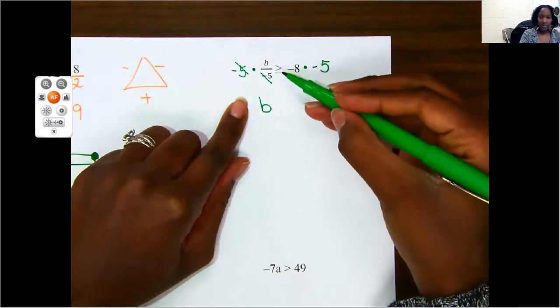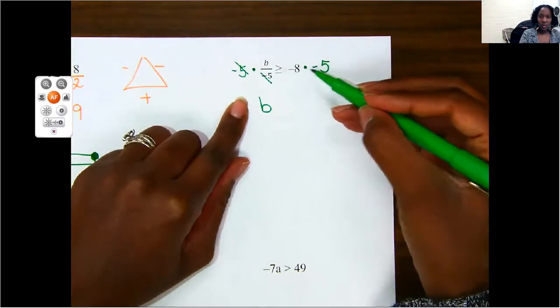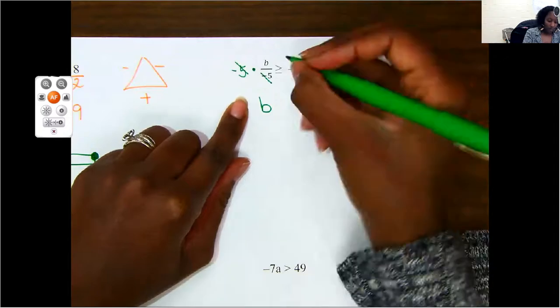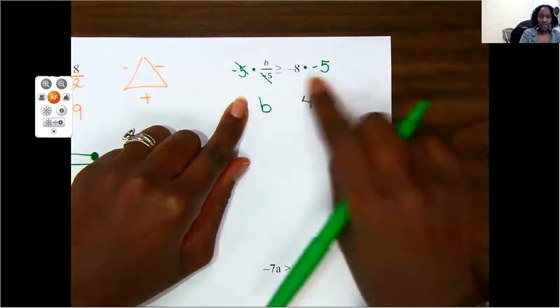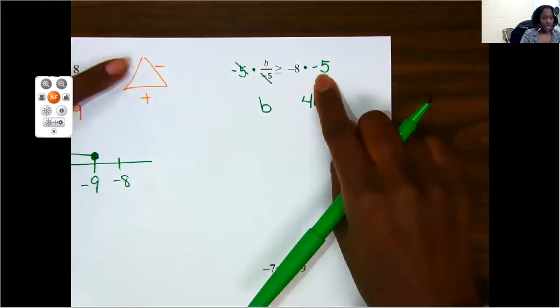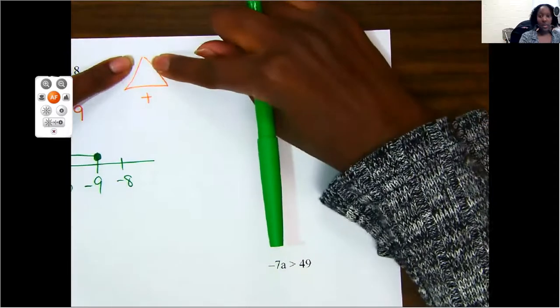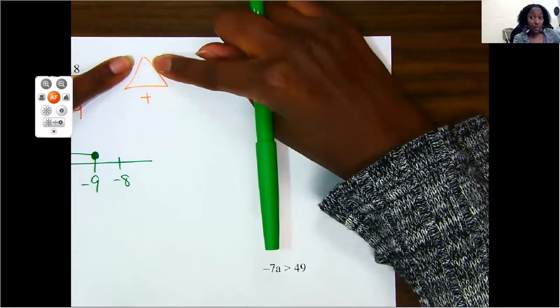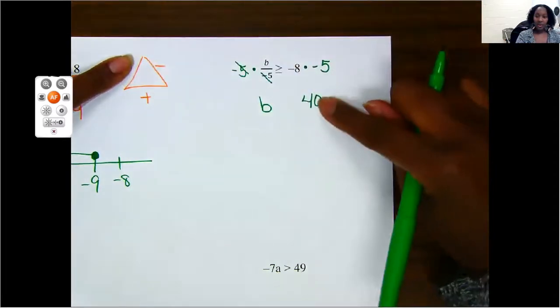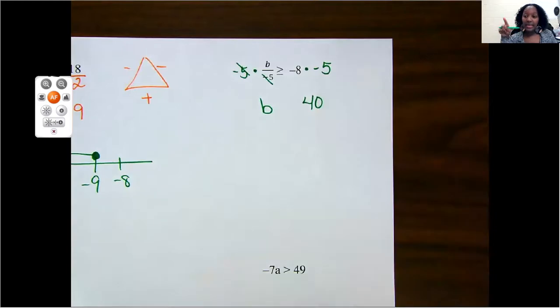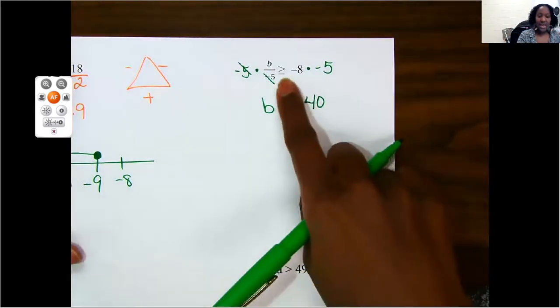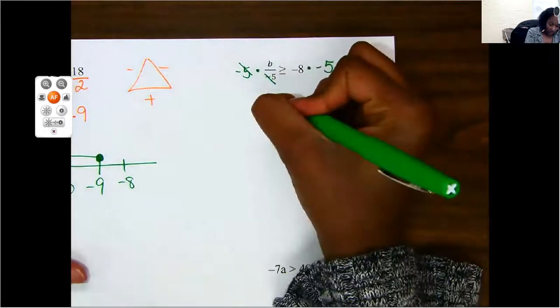I'm not going to bring down my symbol yet. Over here, if I ignore the signs, 8 times 5 is 40. I have a negative times a negative. A negative times a negative changes to a positive. So my answer is going to be positive. Now, because there is a change in my sign, that means I need to flip my inequality.